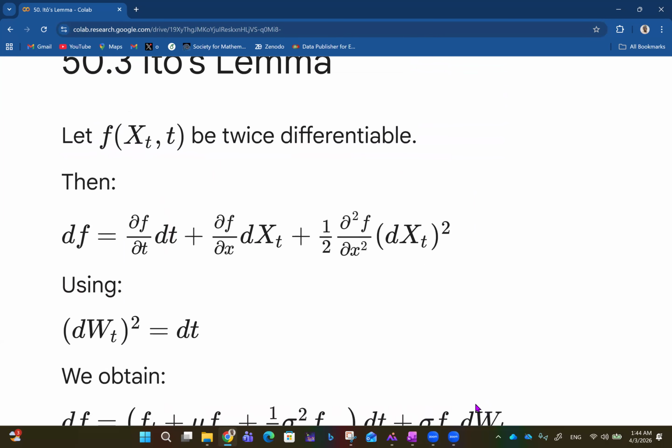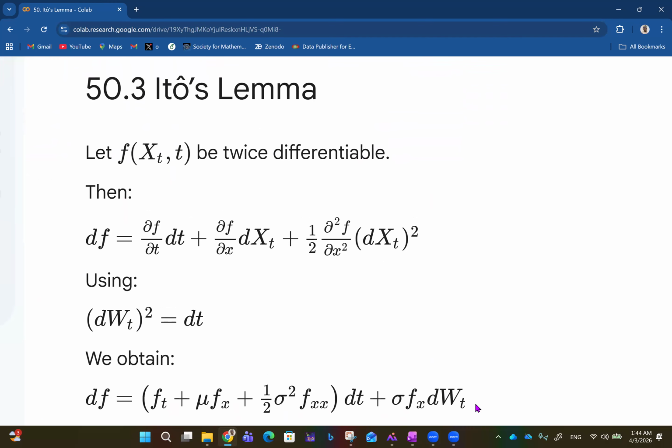For Ito's lemma, if you let f(X_t, t) be twice differentiable, then df depends on two variables now, so we have partial derivatives. So df equals partial f over partial t multiplied by dt, plus partial f over partial x times dX_t, and then half times the second derivative of f with respect to x, multiplied by dX_t all squared.